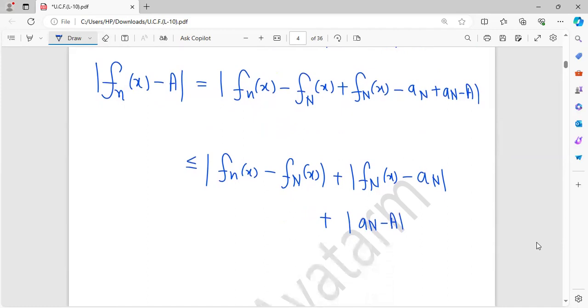So what about the first term? This is less than epsilon by 3 by equation number 2.